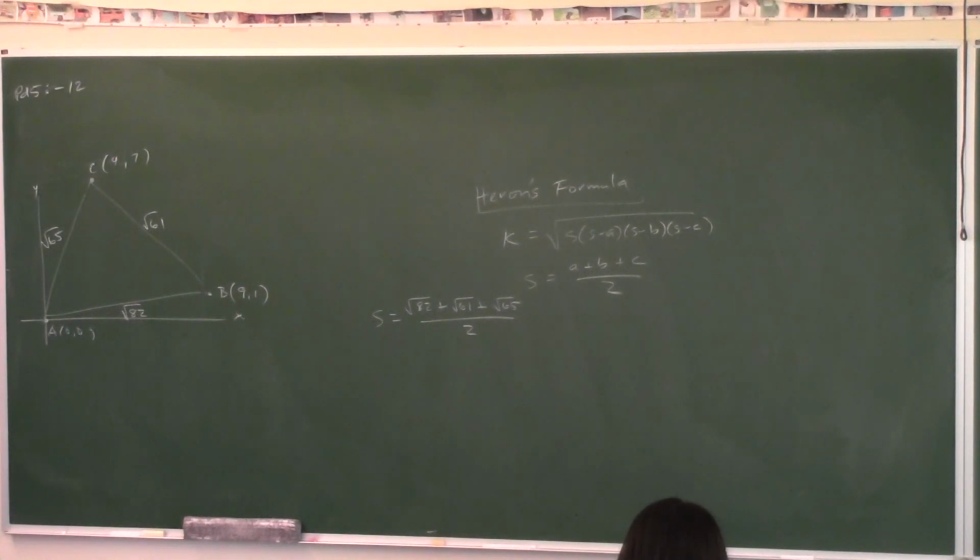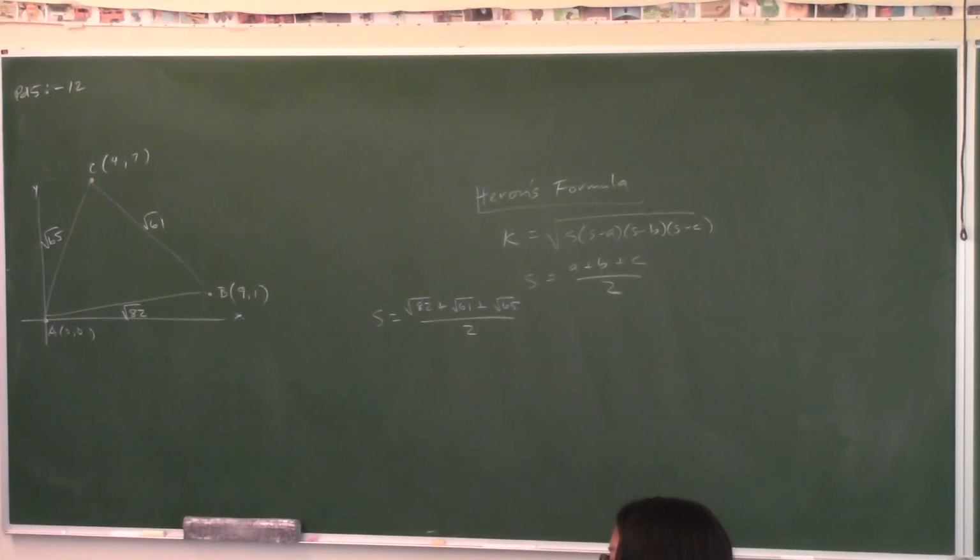I'm going to store that in alpha B. You guys see what I'm doing? And then now I'm going to take the square root of 65. I'm going to store that in alpha C.